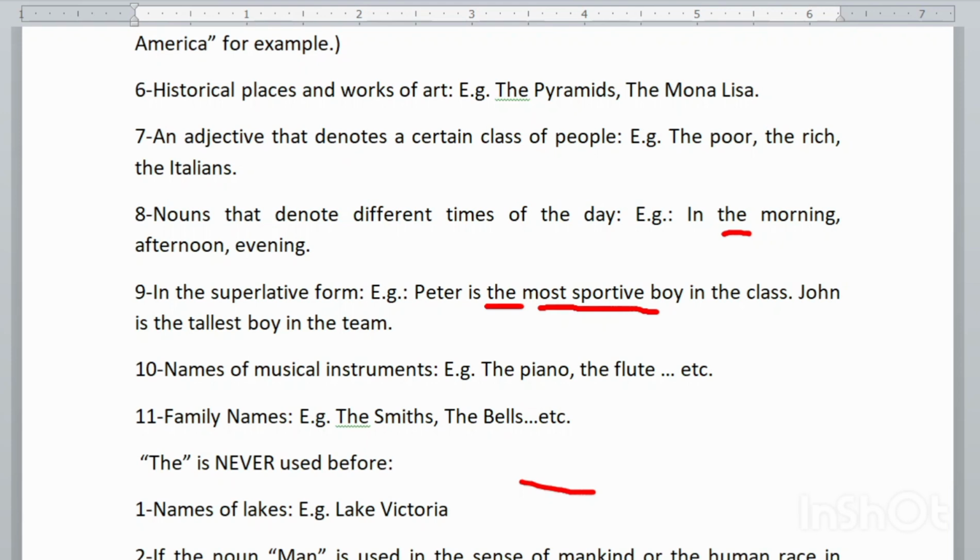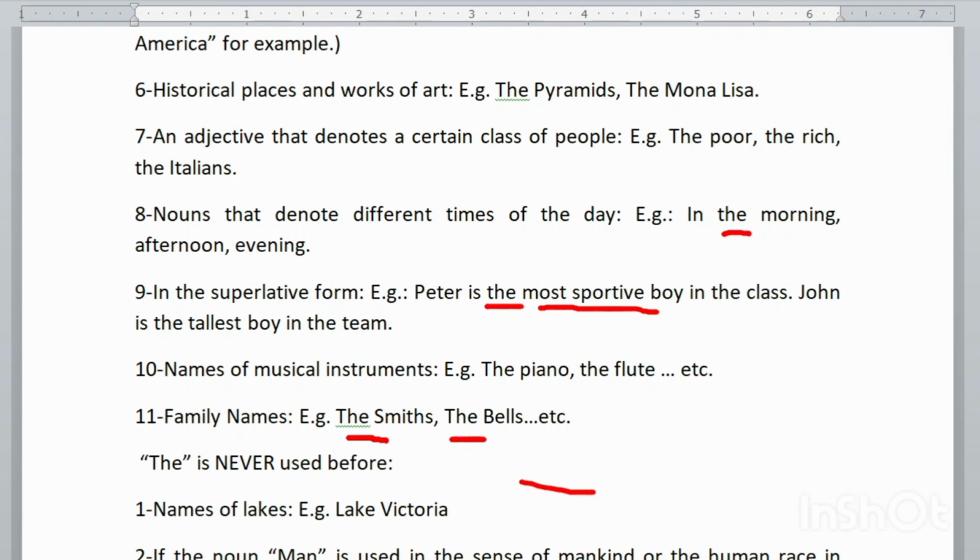Okay, next is names of musical instruments. For example, the piano, the flute, etc. With the piano, with the flute, we will use the definite article. Okay, rule 11, family names. For example, the Smiths, the Pals, etc. And we can say the Mughals, like this. This is another example.